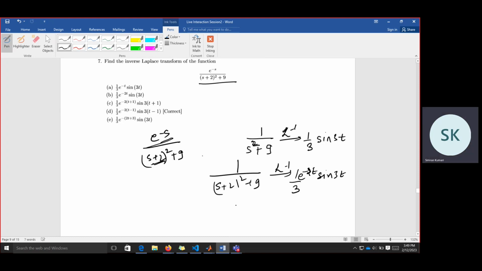Again, there is this multiplication with exponentials. This is a phase shift in the frequency domain, or you can say the Laplace transform. That means a time shift in the time domain.